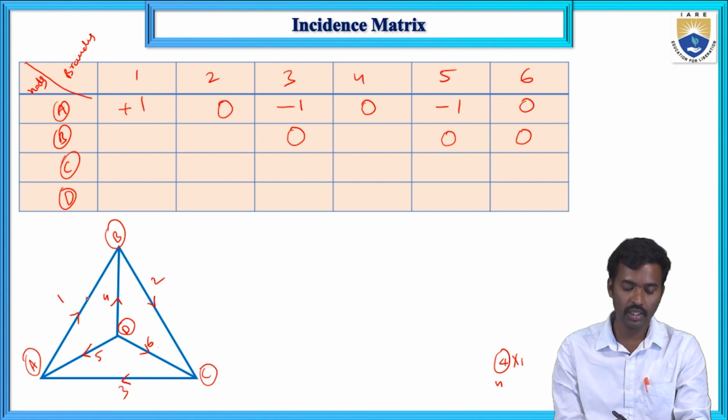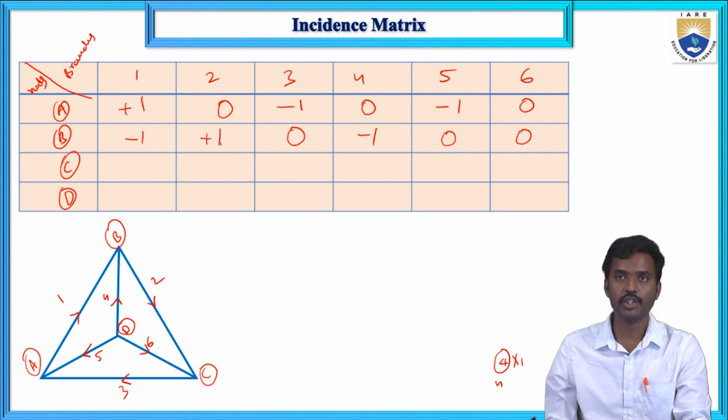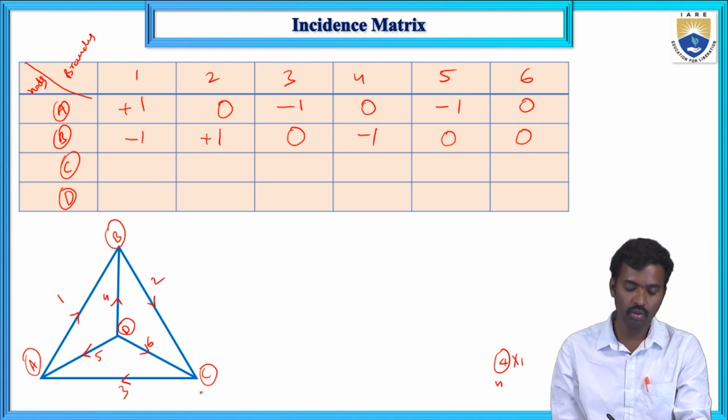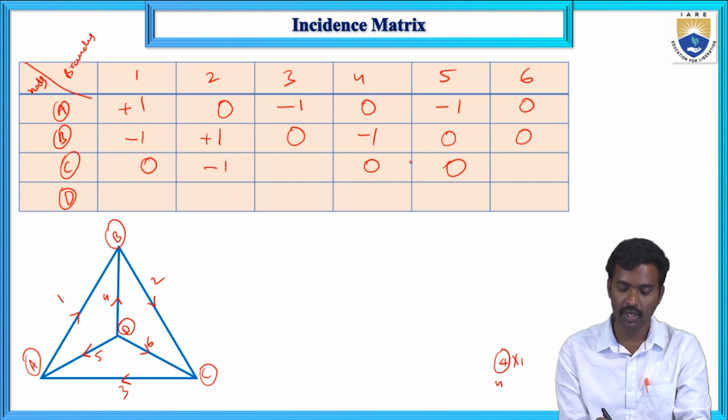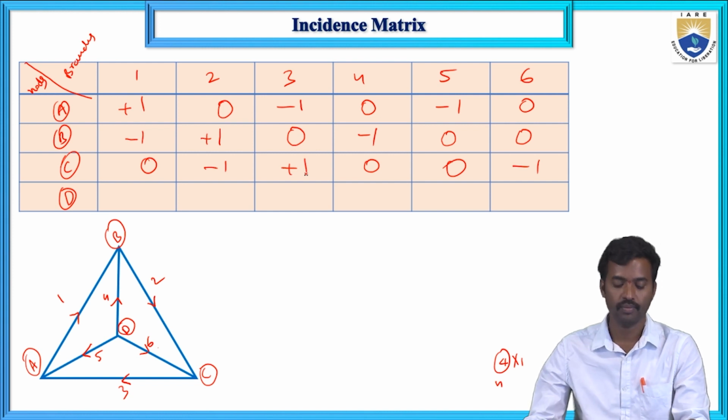The associated elements are 1, 4 and 2. 1 is entering and 4 is entering, which means -1, and 2 is leaving away from the node, which means +1. For node C, 2, 3 and 6 are the associated elements, and 1, 4, 5 are 0. 2 is entering and 6 is entering, which means -1, and 3 is leaving away from the node, which means +1.